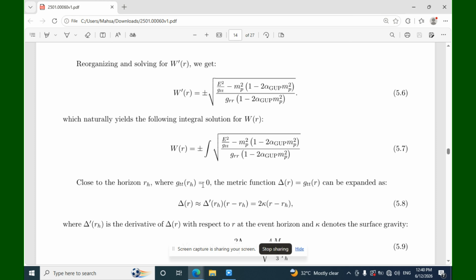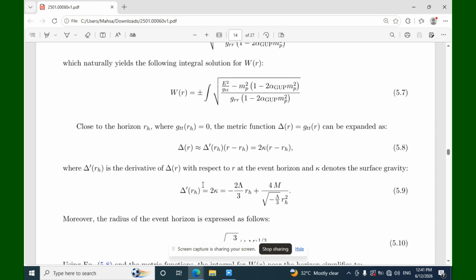Recognizing and solving for W prime R, we get W prime R is equal to positive negative square root E to the power of 2 divided by GTT minus MP to the power of 2 multiplied by 1 minus 2 alpha generalized uncertainty principle MP to the power of 2 divided by GRR multiplied by 1 minus 2 alpha GUP MP to the power of 2, which naturally yields the following integral solutions for WR.